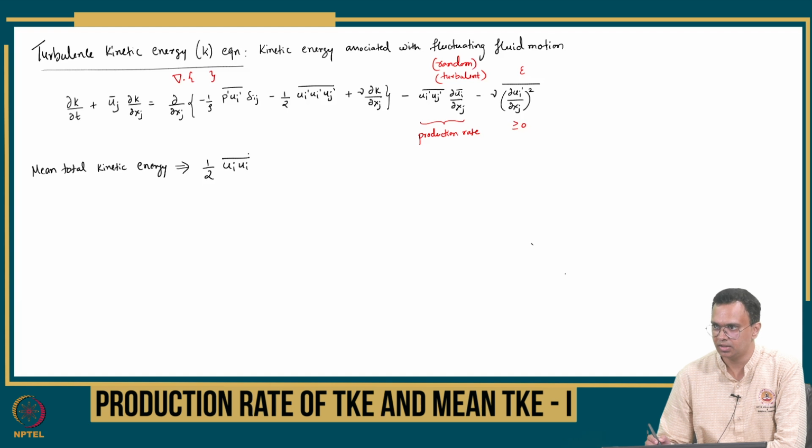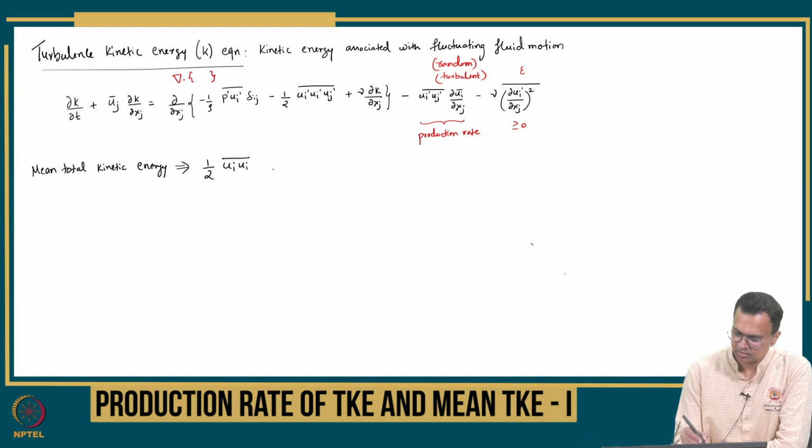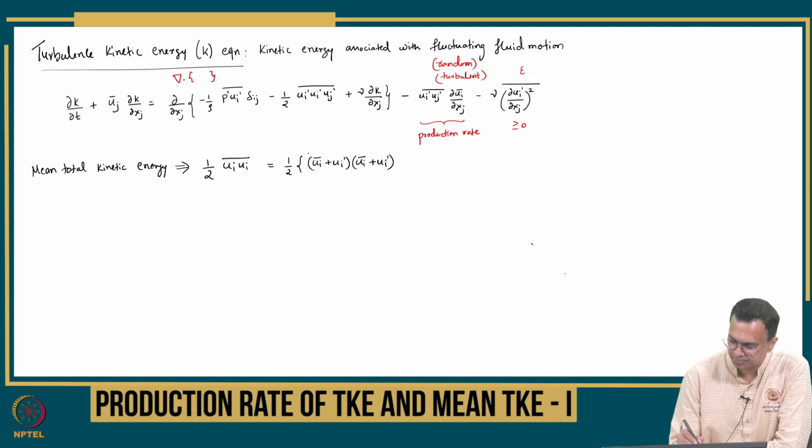So I can do a Reynolds decomposition here, right? Using a Reynolds decomposition I can write this as half of (ui bar plus ui prime)(ui bar plus ui prime), averaged throughout. Averaging is anyway applied, the ensemble averaging.